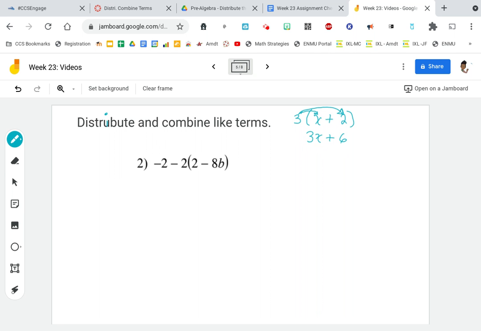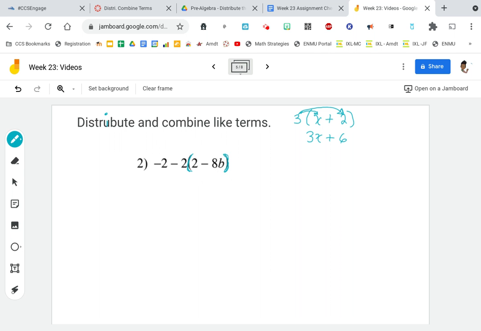Well, in the problems that we have to do today, it's a little bit more difficult to tell what we're distributing, but a good hint is to look for the parentheses. So notice our parentheses are right here. So the thing that we're distributing is right beside the parentheses.